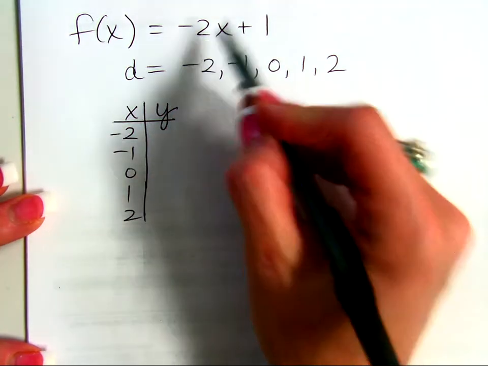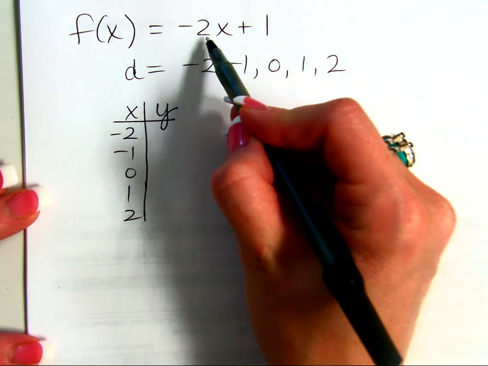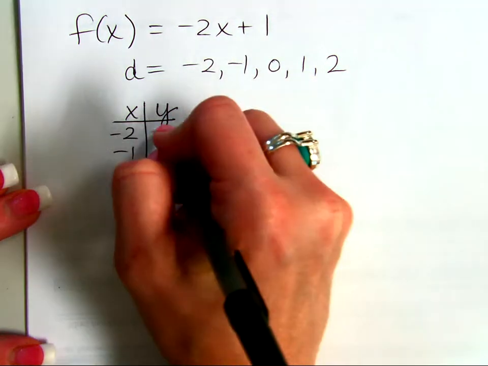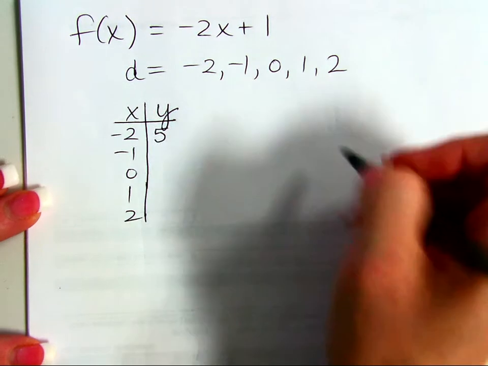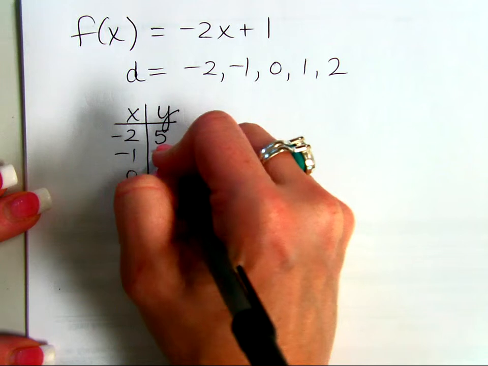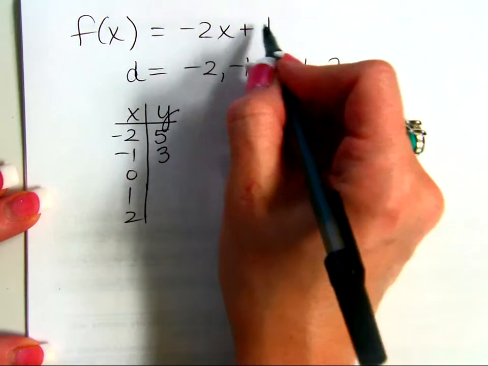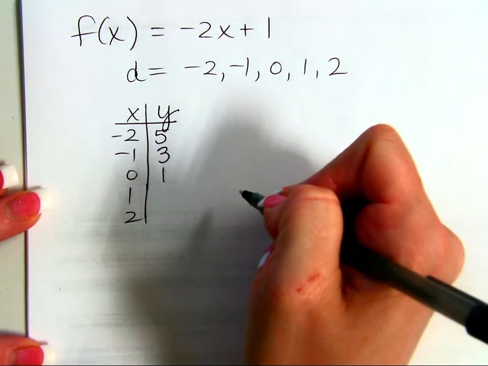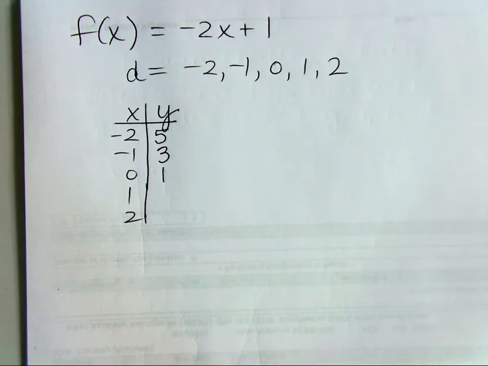So negative 2 times negative 2 is positive 4, plus 1 is 5. Negative 2 times negative 1 is 2, plus 1 is 3. 0 plus 1 is 1. Now, technically, I could stop right here because, does anybody notice that I don't have to keep doing these substitutions?